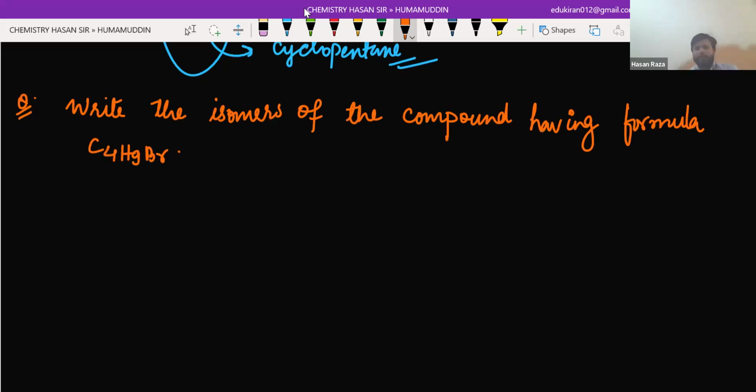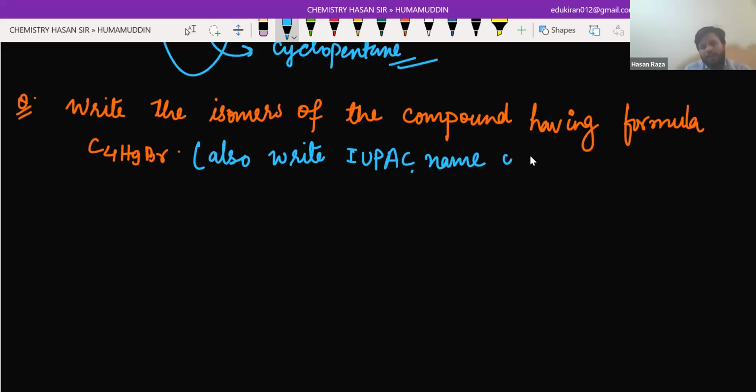We are going to write the isomers of the compound. Also write the IUPAC name. I think you can do this, right?